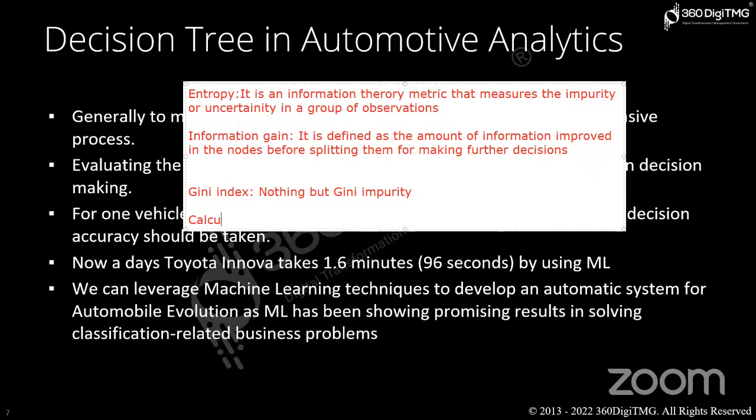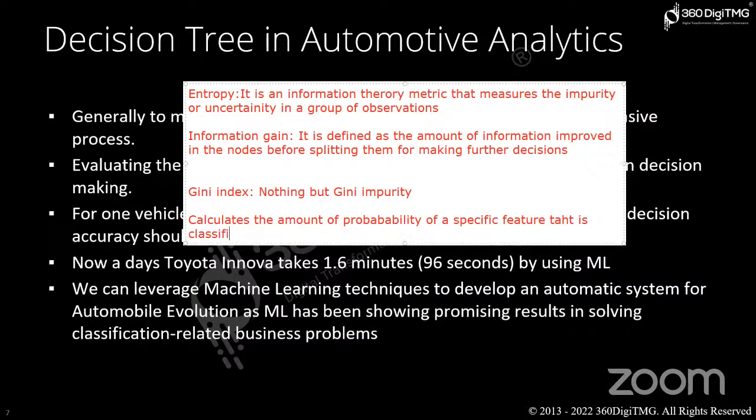It calculates the probability of a specific feature being classified incorrectly when selected randomly.